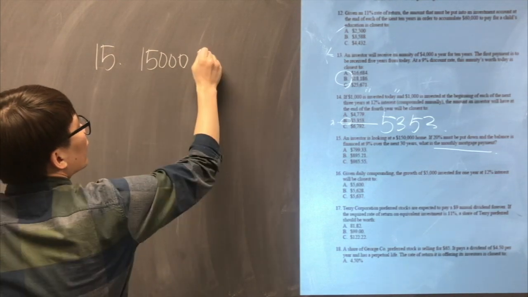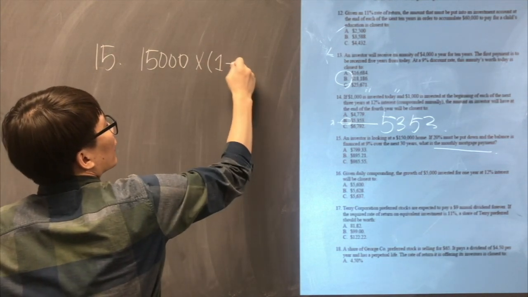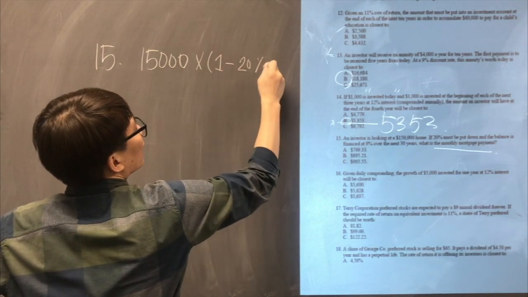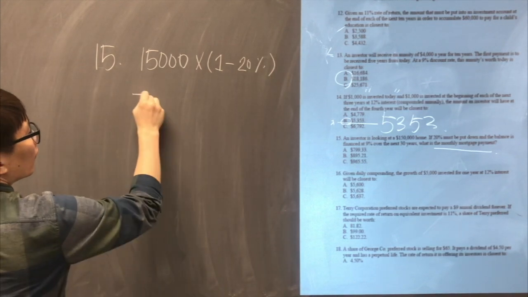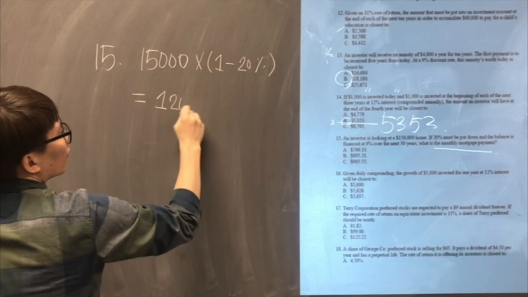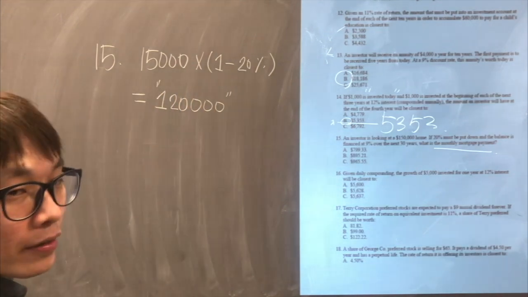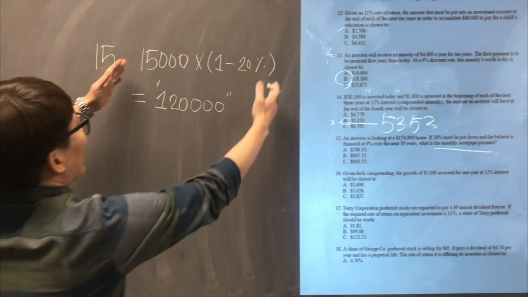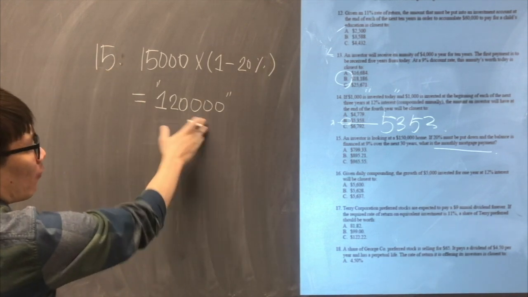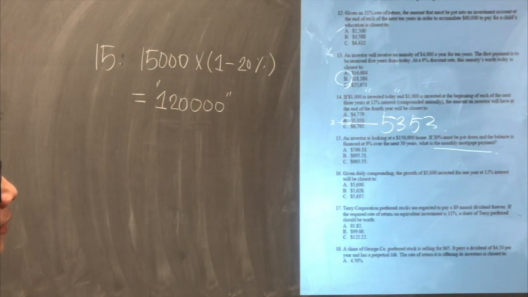In other words, we need 1 minus 20%. Right? So actually 120,000 will be our remaining balance, right? Again, after this will be our balance. The balance is financed at 9% over the next 30 years.